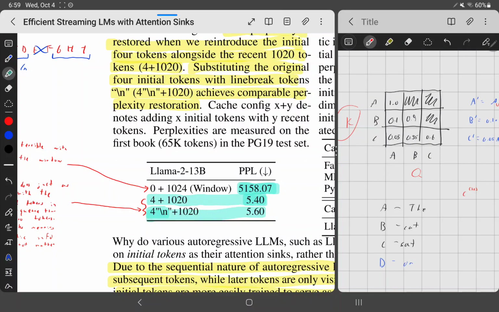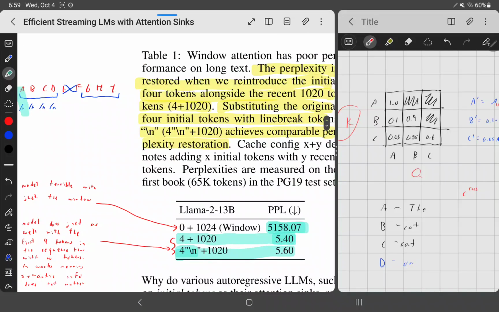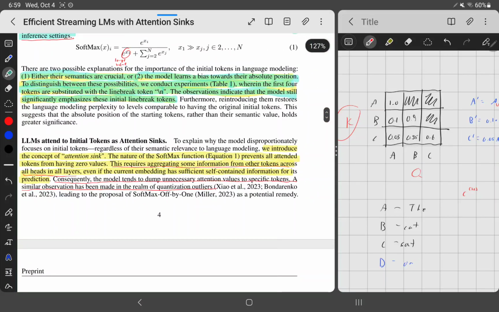But you can see that replacing them with a new line gives you basically the same perplexity. Not much has changed. And that means that there's something weird with the positional bias here. There's a positional bias with these first tokens here, and it's not because those tokens are important, it's just because the position is important, and it's basically just throwing information there.